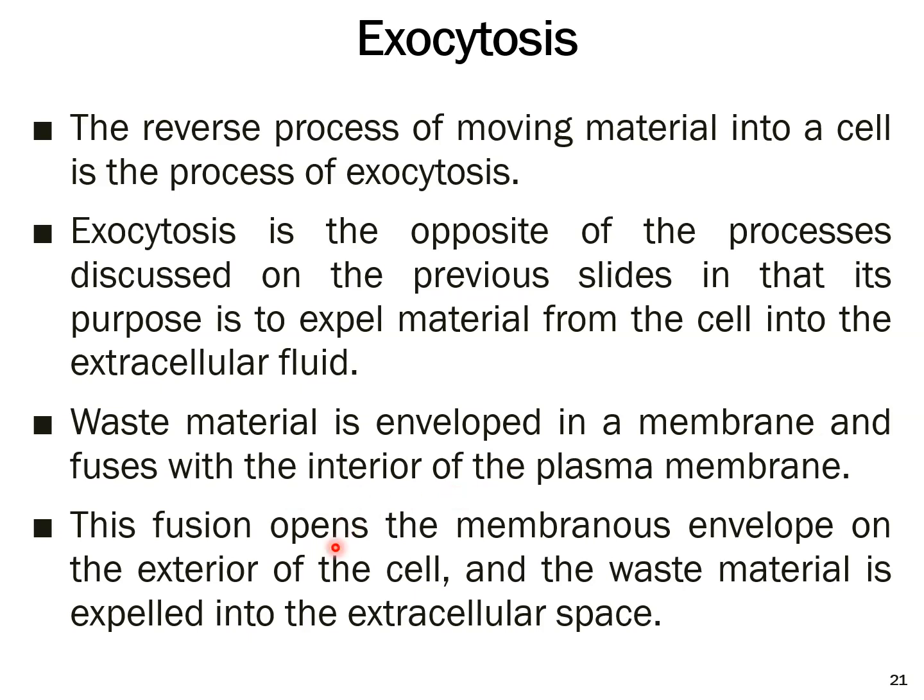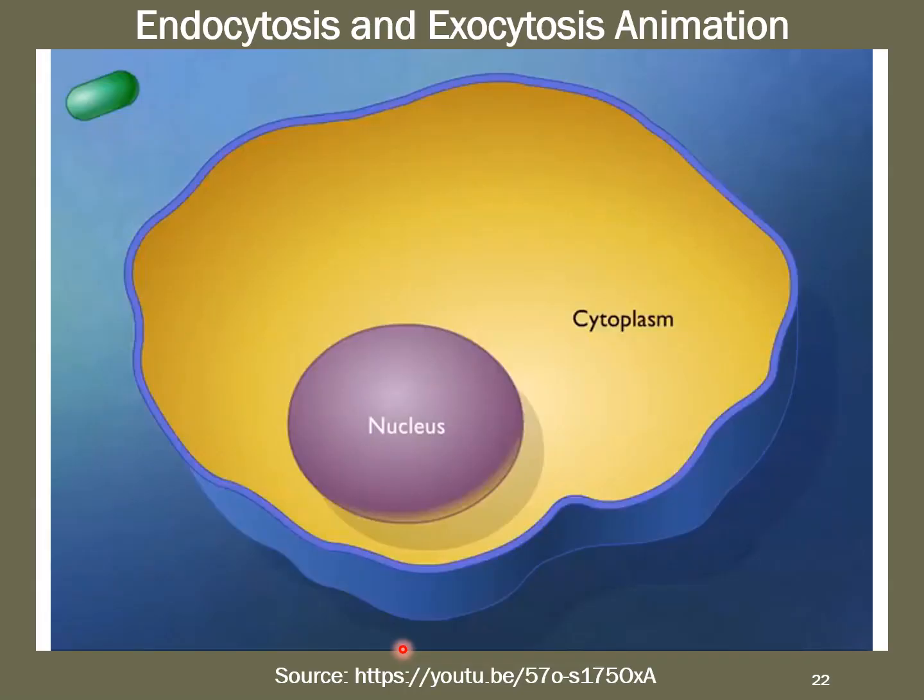This fusion opens the membrane envelopes on the exterior of the cell, and the waste material is expelled into the extracellular space. We'll watch a short animation to summarize and understand these processes of endocytosis and exocytosis, so you have a clearer picture of how these things happen.